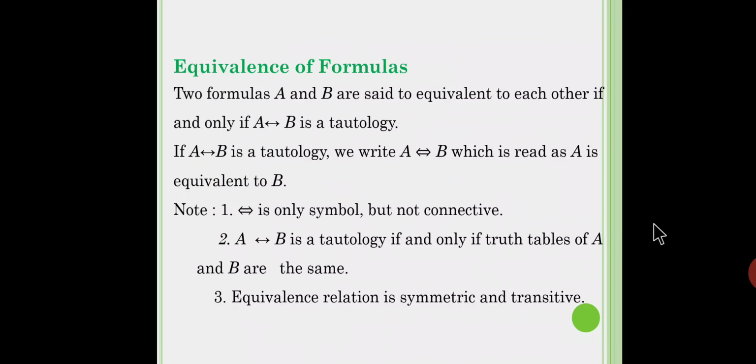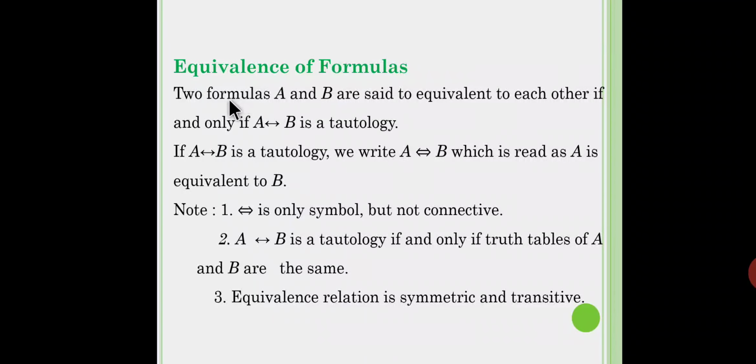Next one, equivalence of formulas. The compound propositions A and B are said to be logically equivalent if A biimplication B is a tautology.